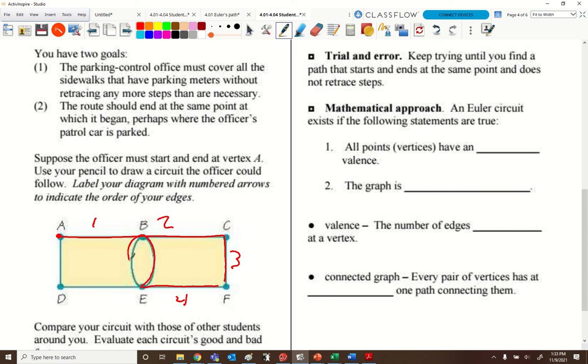Right. And that one's going to be 5, and 5 is going up. 5 would be this side, and then going back down would be 6. This side going back down 6, and that one is 7. And from D to A, 8. There we go. Good job.